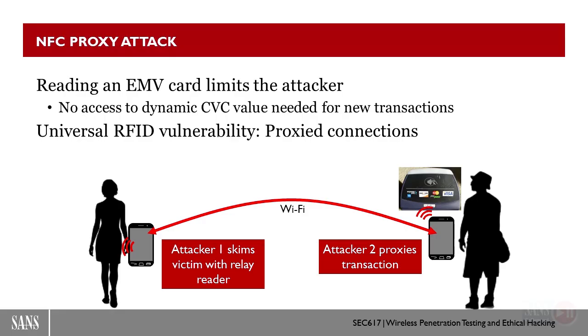And if we just captured and tried to clone to another card, the CVC would be invalid. But if we could read and immediately replay that to an actual valid reader, we could have success with these transactions. So by reading in one location and immediately transferring to a payment terminal with another device over long distance, absolutely possible.